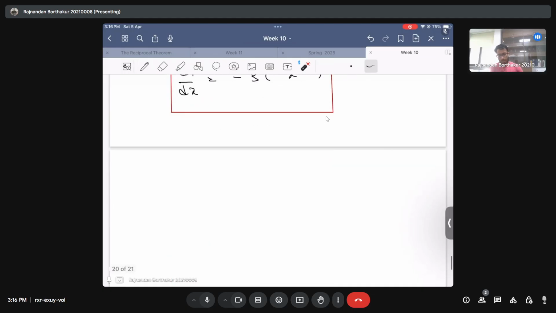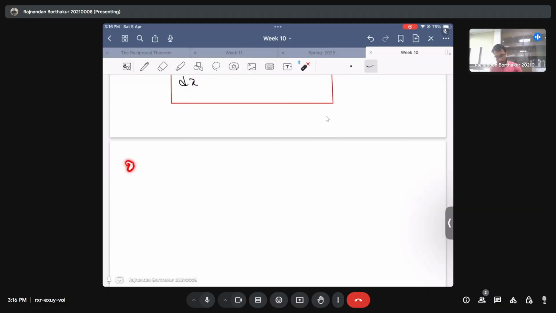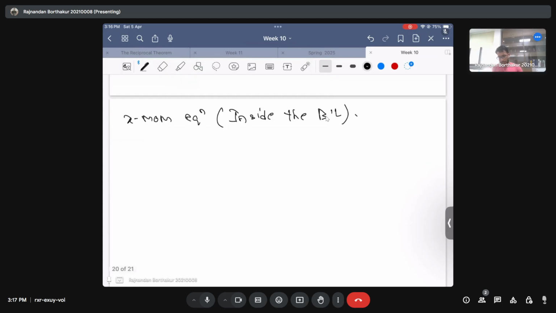Okay. So now if I apply the x momentum equation inside the boundary layer, then what do we get? So what is this equation inside the boundary layer? It is u del u by del x plus v del u by del y.